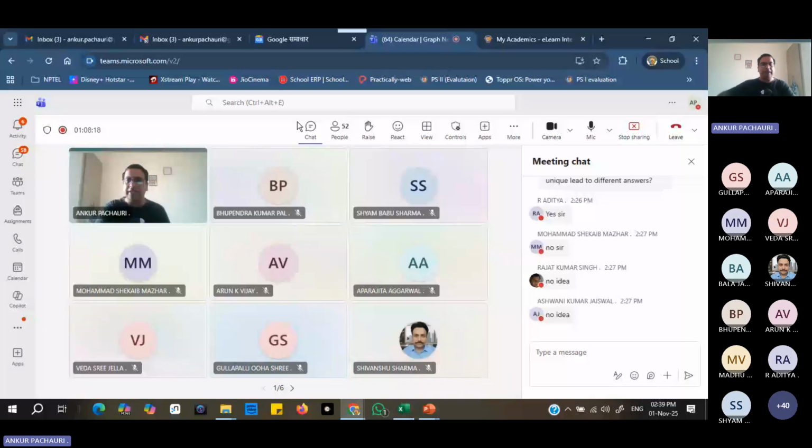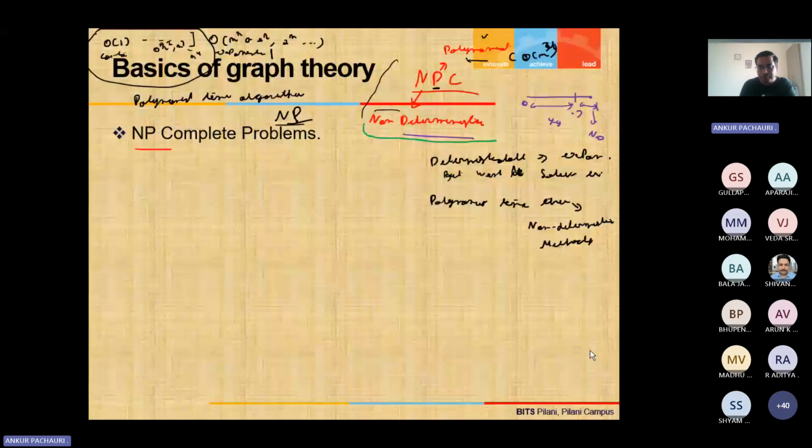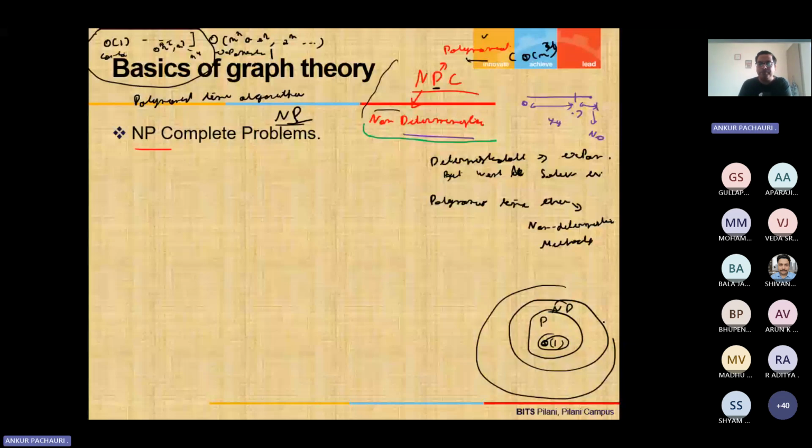P space is one step ahead. If I draw a diagram, polynomial time means constant time, big O of 1 is one set. Then above it is polynomial. Then above it is NP, non-deterministic polynomial. Then NPC problems. Sometimes NP and NPC can overlap.